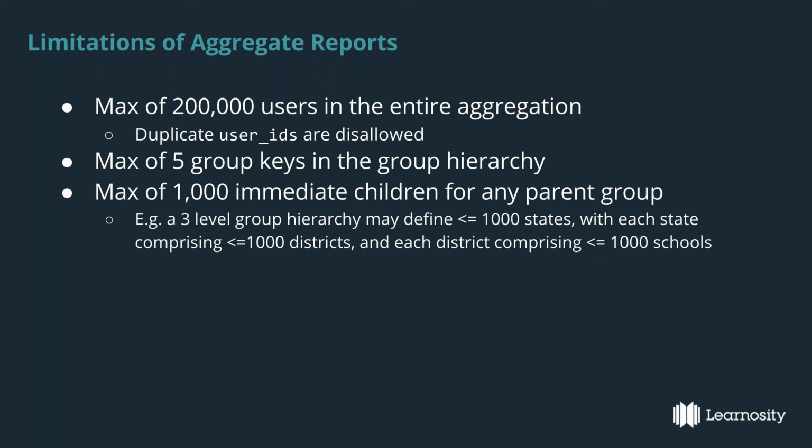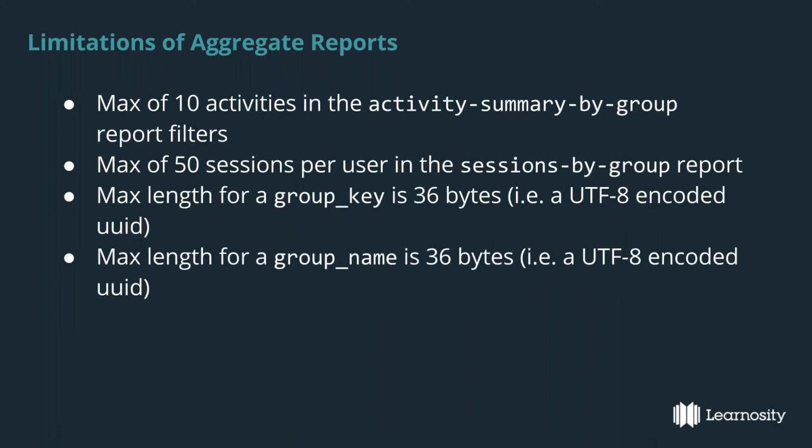We have a maximum of 1,000 immediate children for any parent group. There are 2 types of these reports, or two ways of narrowing down the data: activities and sessions. When you're dealing with activities, there is a limit of 10 activity IDs, and with sessions there are 50 session IDs. The other 2 points there are just about the size of the keys used.